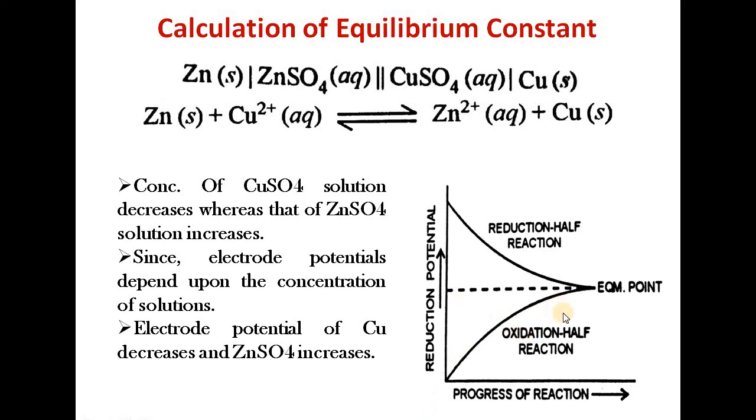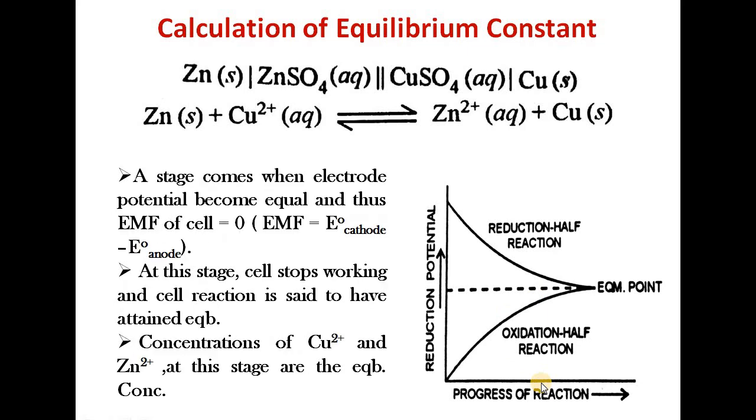Now as the reaction proceeds, when equilibrium is reached, both the electrode potentials will become equal. And in that case, the EMF of the cell, which is the difference of the reduction electrode potential of cathode and anode, will become equal to 0.